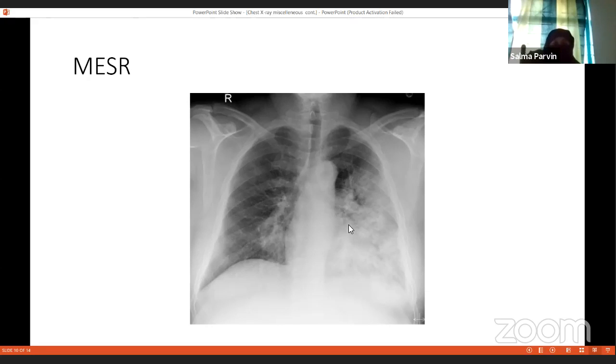See, this X-ray has got asymmetric distribution of the density, and the ground glass opacity is not that prominent.